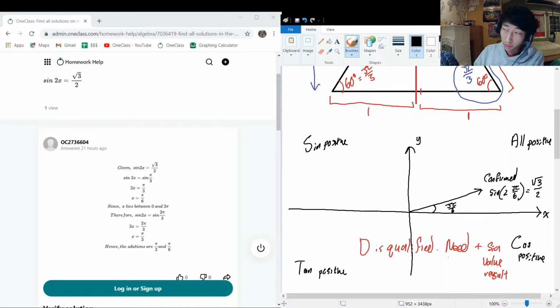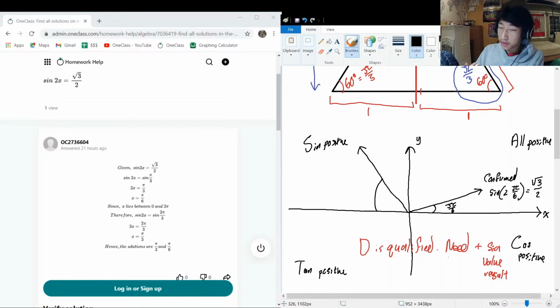So we know that somewhere between 90 degrees and 180 degrees, we're going to find that sine of 2 times one of those angles is going to give us root 3 over 2. Let's think about this a little bit more. We want to think about what's going to give us root 3 over 2, and essentially we're looking for a situation like this, where we have an angle like this.